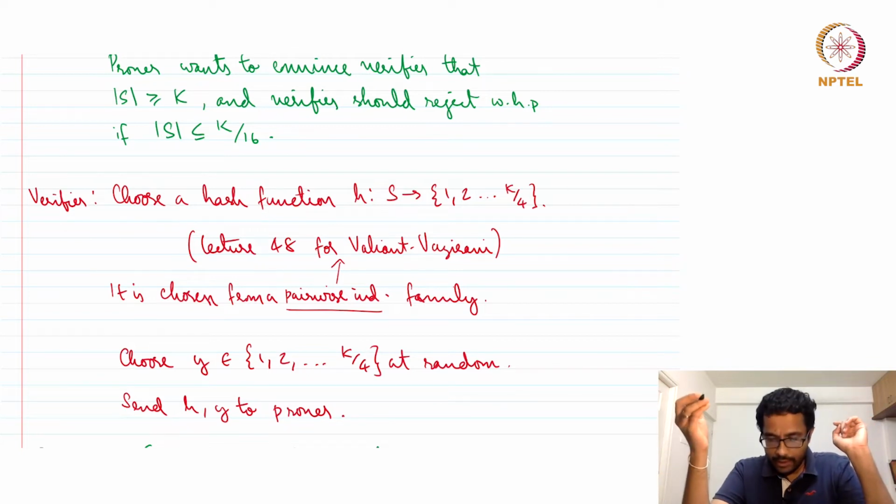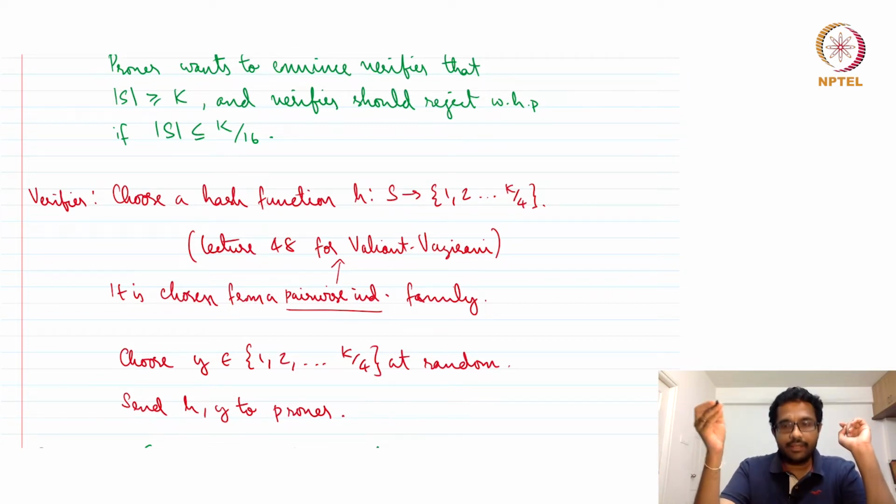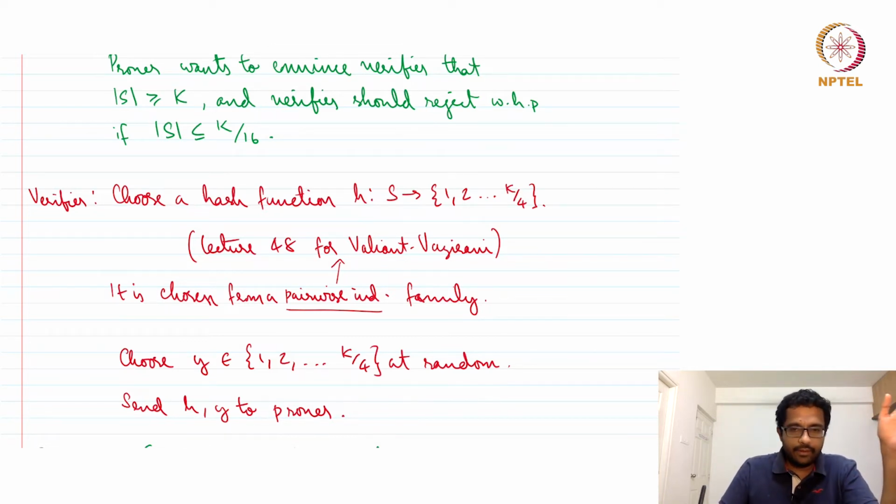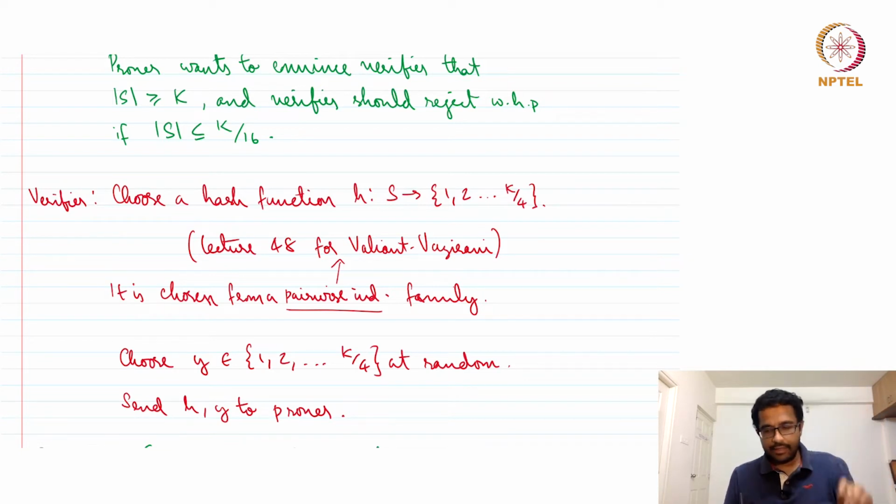This we had seen in lecture 48 where we explained the Valiant-Vazirani lemma. A pairwise independent hash family is basically a family of functions that behave in a random-like manner. In the formal definition, you can go back and refer to lecture 48.